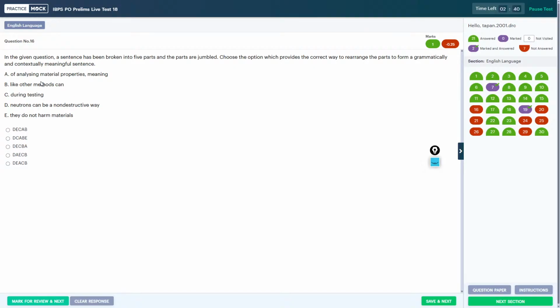This one is about analyzing material properties, meaning neutrons do not harm materials, so it can be a non-destructive way.